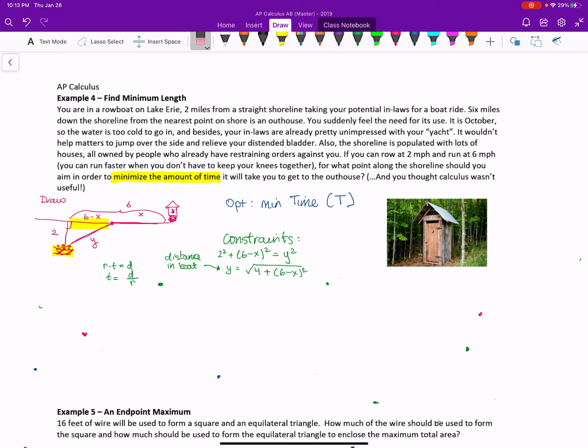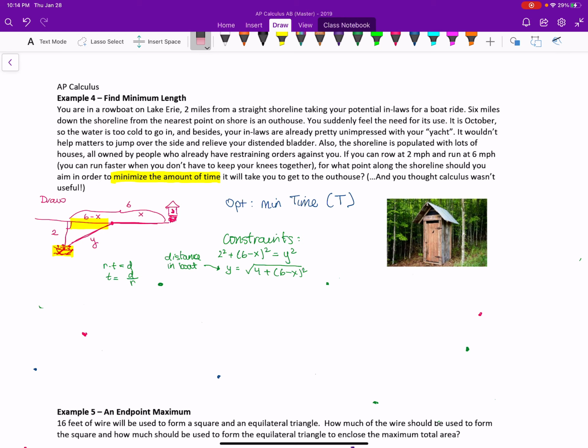So that means I need to somehow rewrite y in terms of x, and I need to figure out how much time it is. The reason why I want to rewrite y in terms of x is because I need to write the time function in just one variable. So I'm just going to rewrite everything in terms of x. You could also rewrite everything in terms of y. It just makes it a little more complicated, I would say.